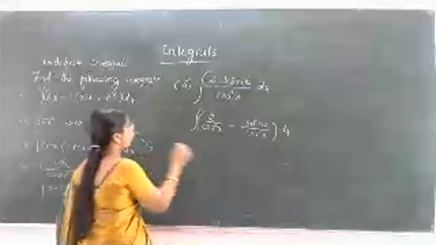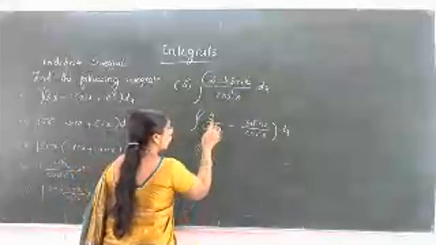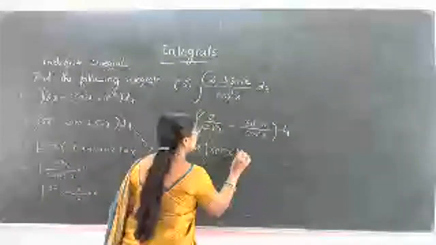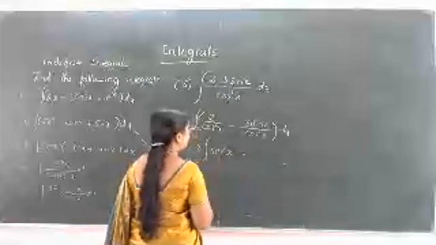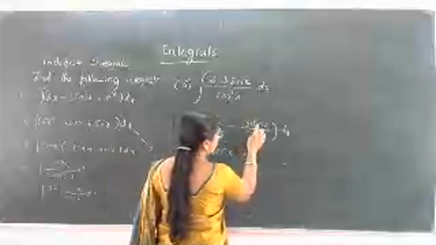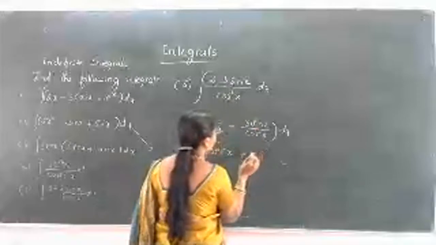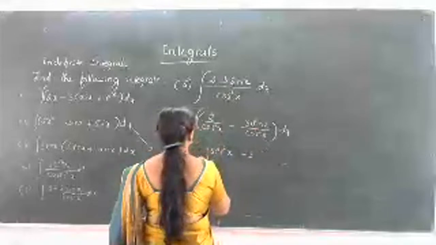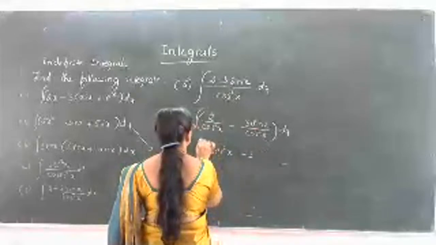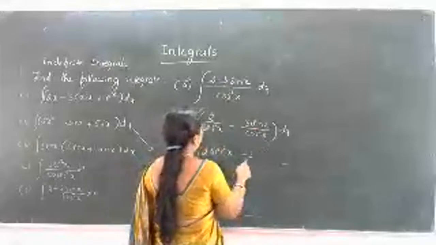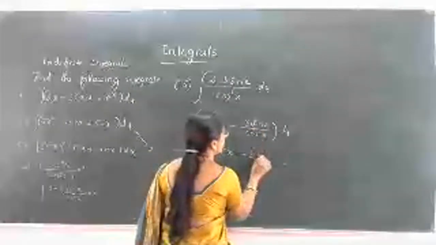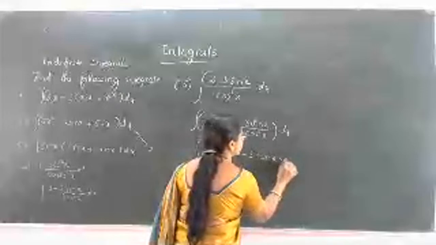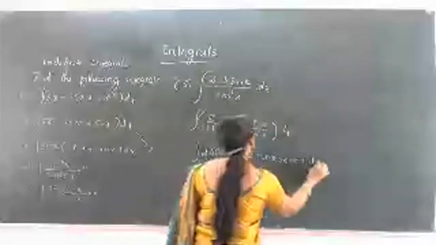Then we can write 2 into the integration of 1 by cos square x, which is secant square x dx, minus 3 into sin x by cos x times 1 by cos x, where sin x by cos x is tan x and 1 by cos x is sec x dx.